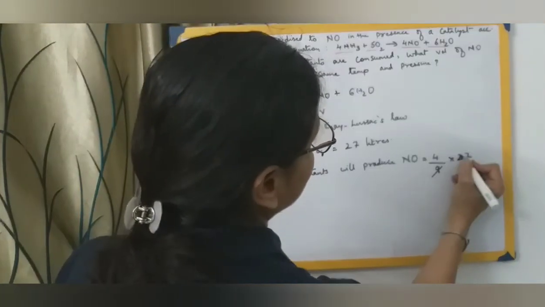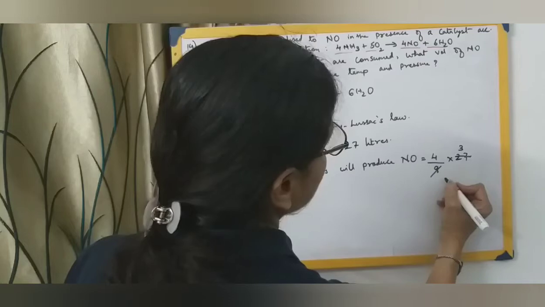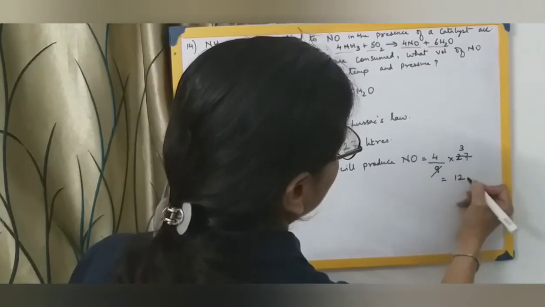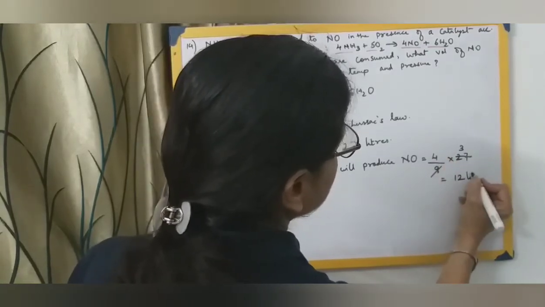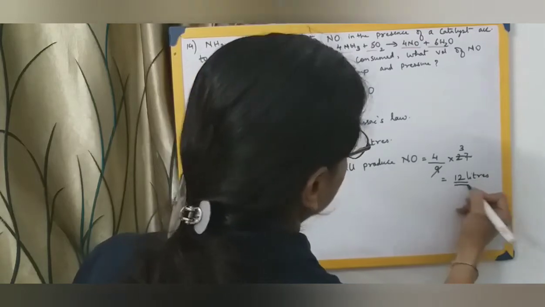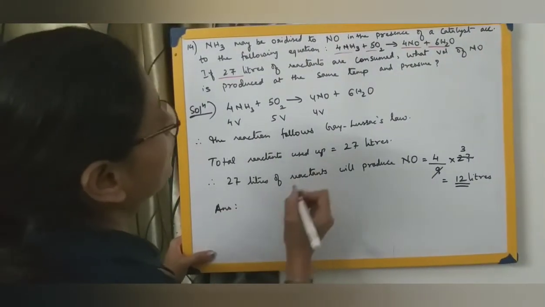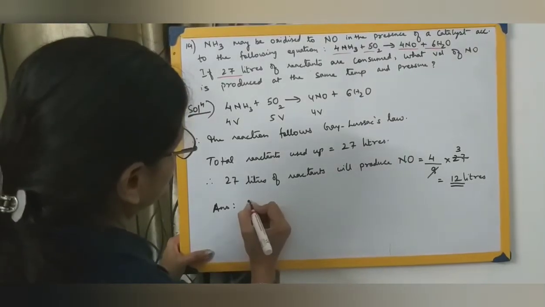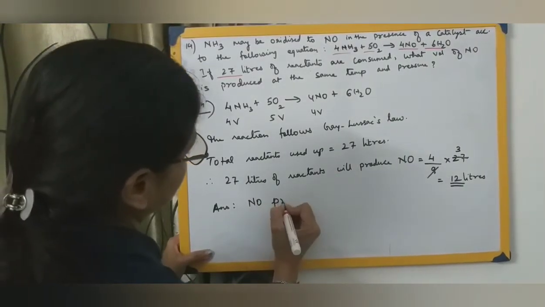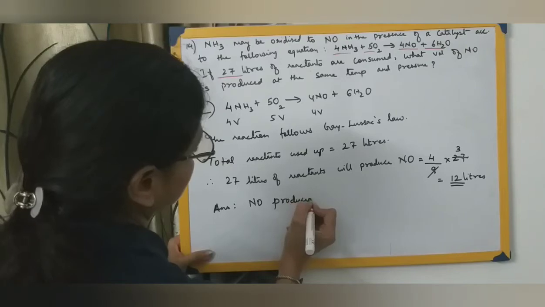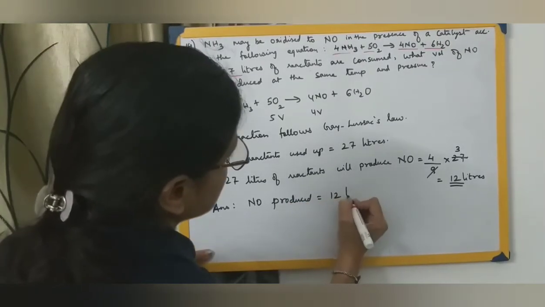So 9 3s are 27, so this will be 4 3s are 12 liters. So your answer will be: nitrogen monoxide produced is equal to 12 liters.